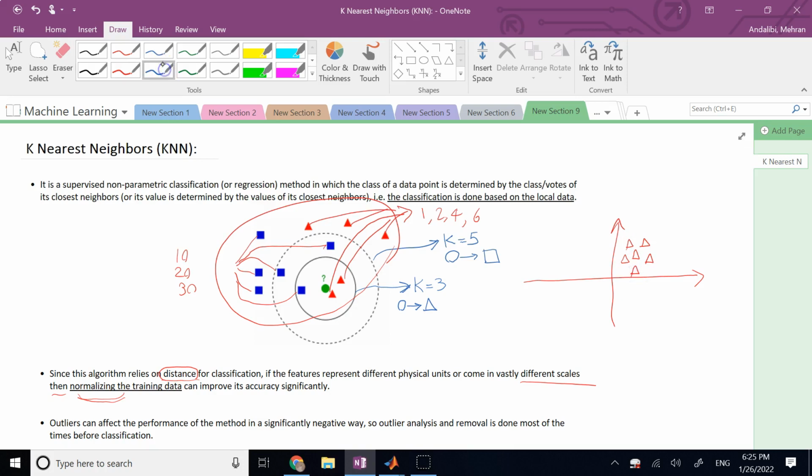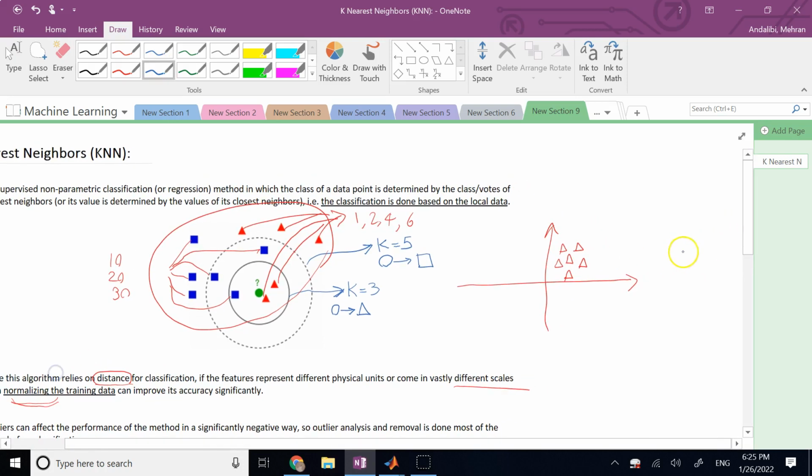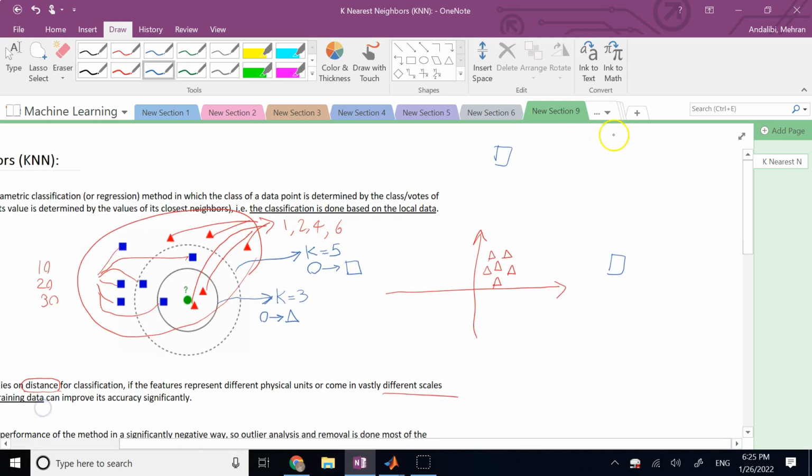But then the squares will be way out, like here. Okay, so that's the problem of scaling.